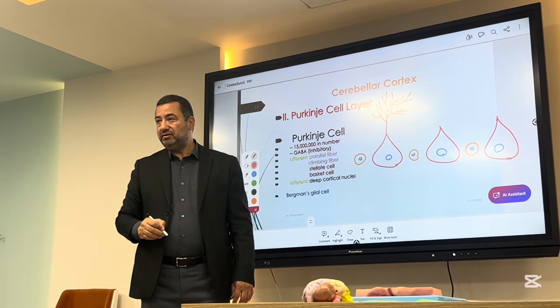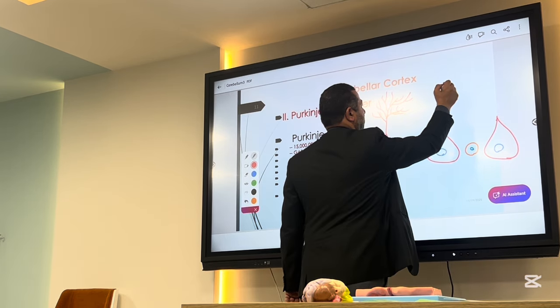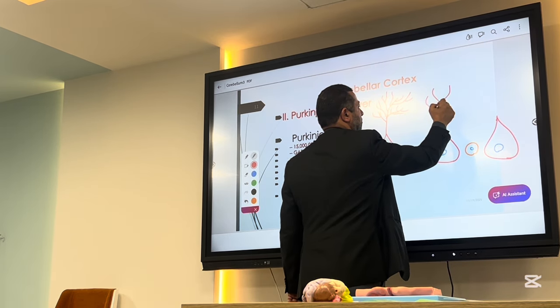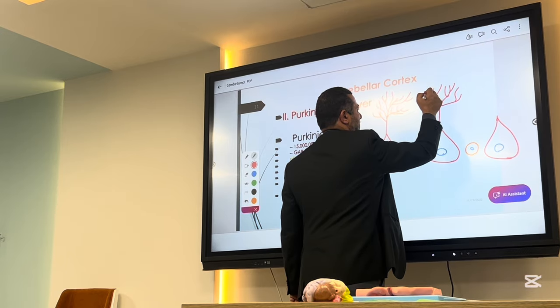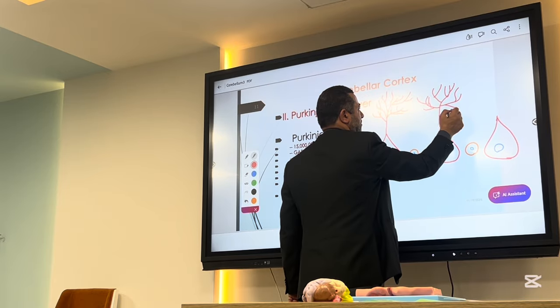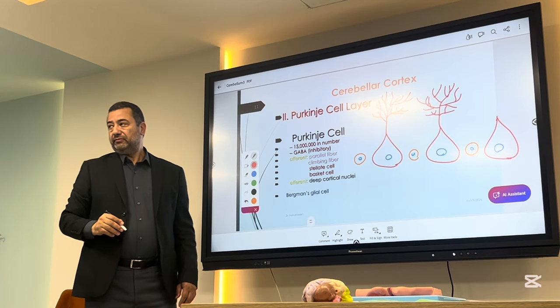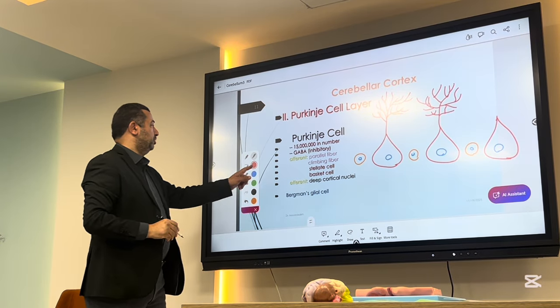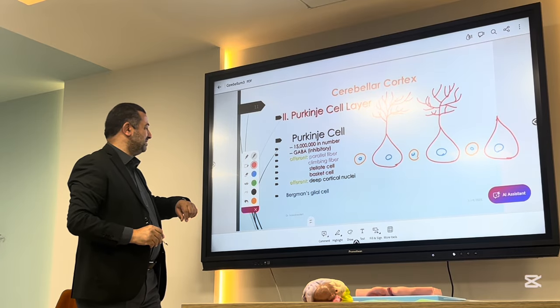If you remember, I told you in the molecular layer, there are 2 types of cells. Do you remember? Stellate cells and basket cells.